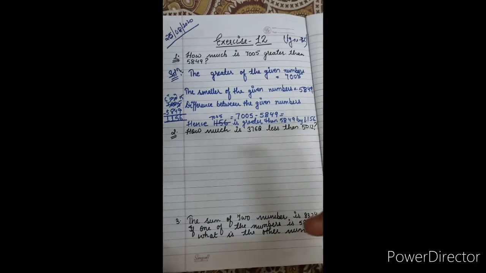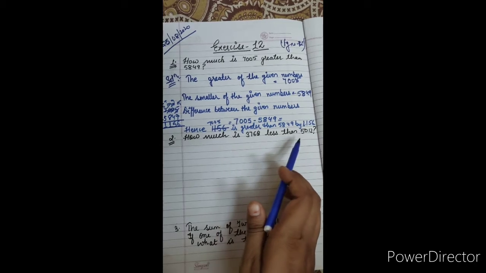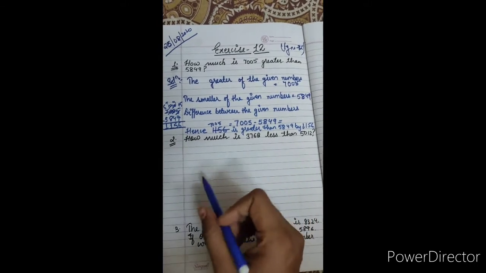Now see the question number 2. Yes, now see the question number 2. By how much is 3768 less than 5012? Right.